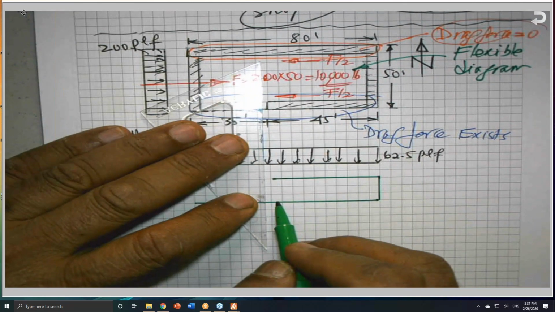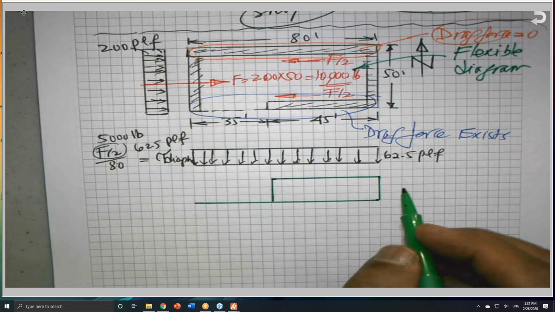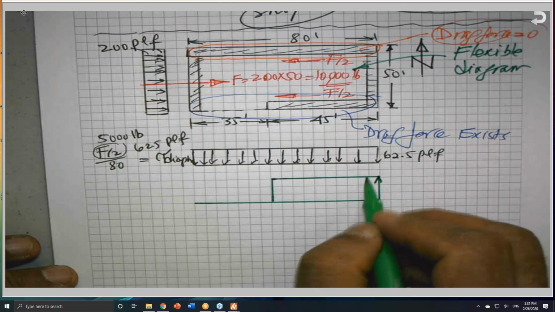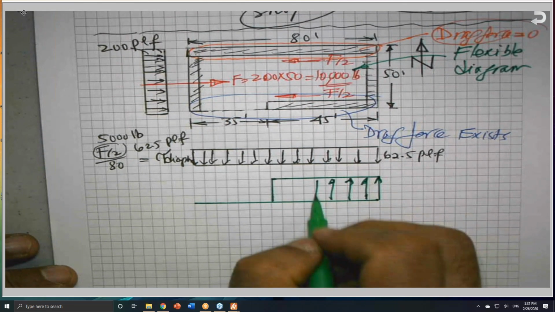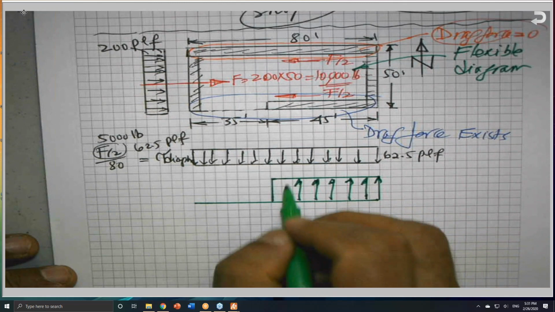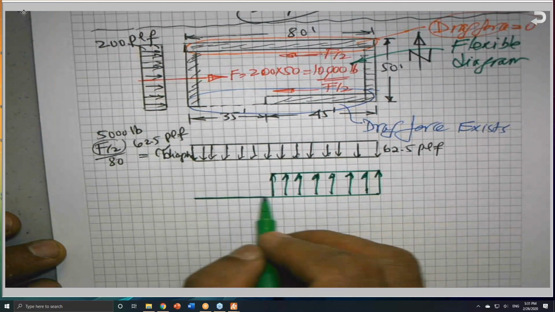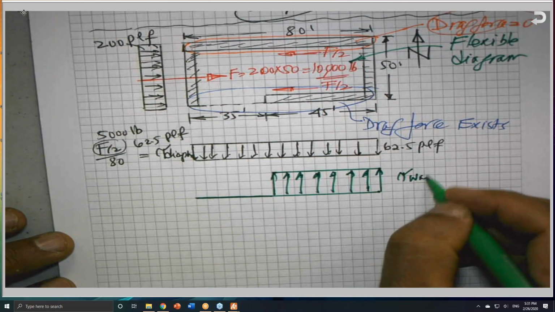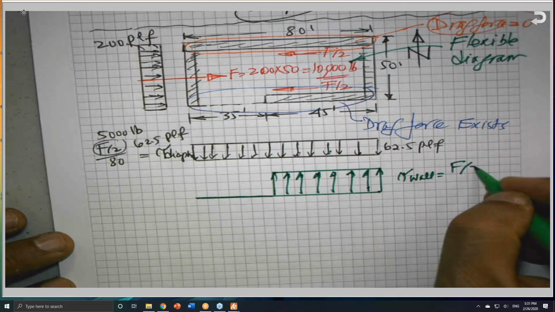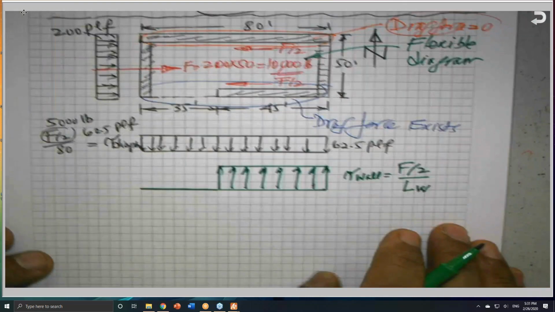After you do this a couple of times, you don't have to use a straight edge, but I'm trying to use a straight edge to make my diagram a little bit more readable to you. Obviously, we have no wall here. So tau wall is equal to F over 2 divided by L sum W, and this is equation 9-4.